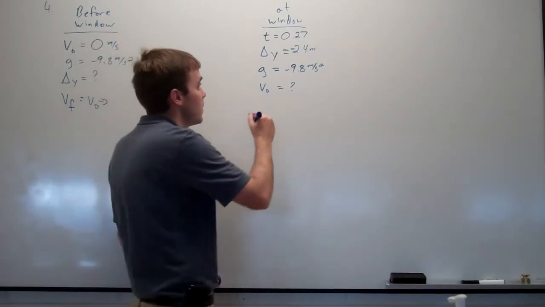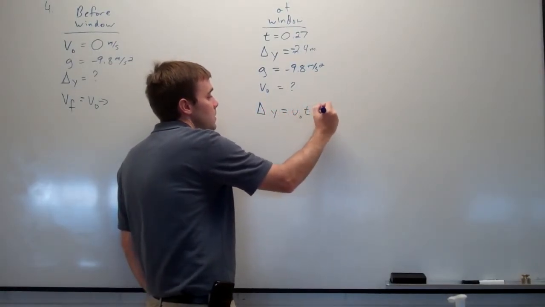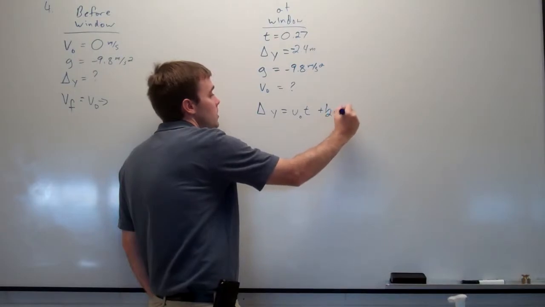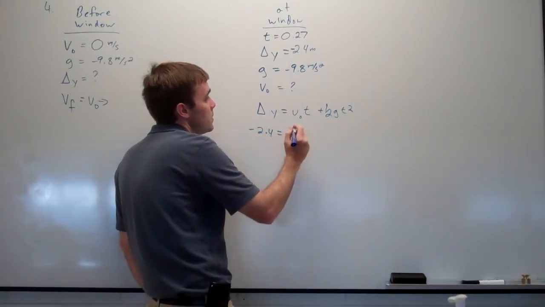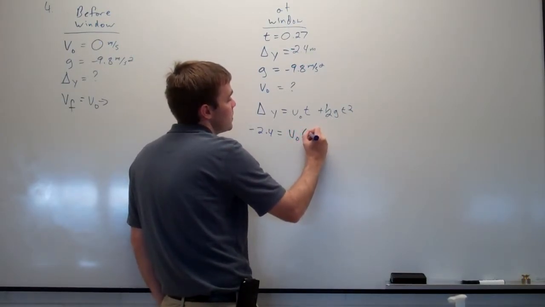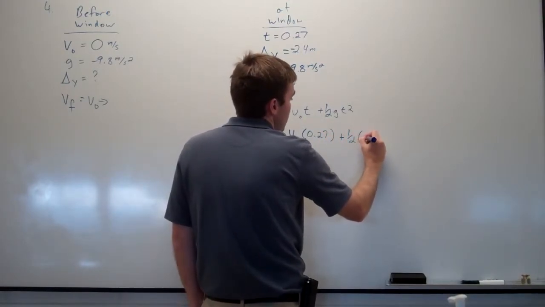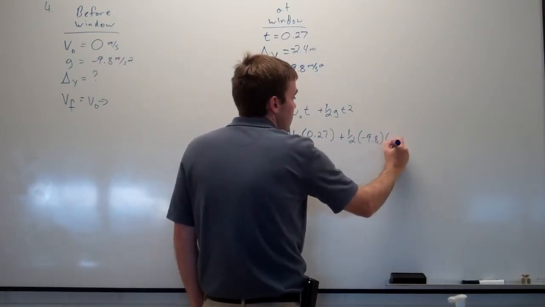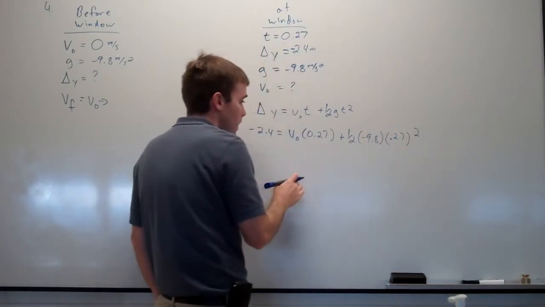Second one. Delta y equals v0t plus 1/2 gt squared. We get negative 2.4 equals v0 times 0.27 plus 1/2 times negative 9.8 times 0.27 quantity squared.